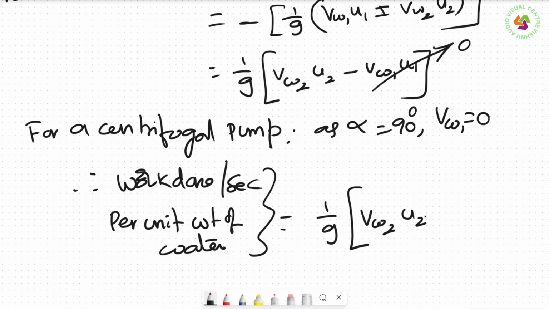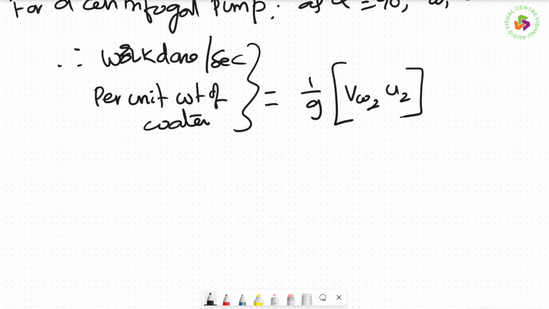Just recollect in the reaction turbine, when I did the Francis turbine, it is exactly 1 by G into VW1 U1. So there the inlet is equal to here the outlet, whereas there the outlet is equal to here the inlet. That's what I have done here.